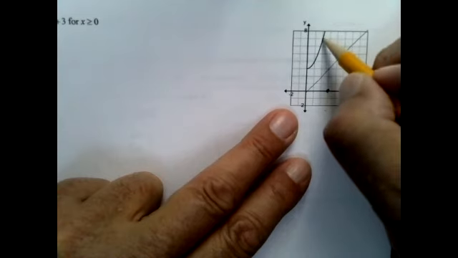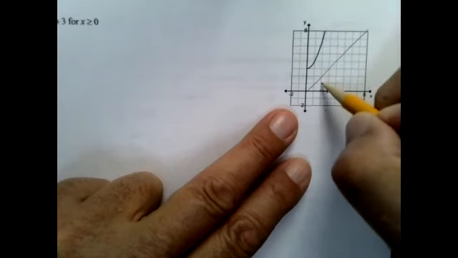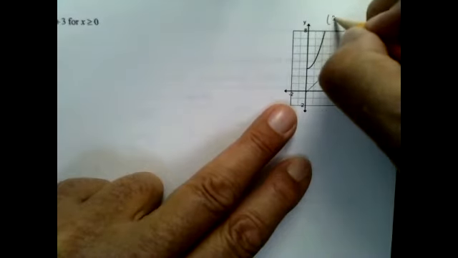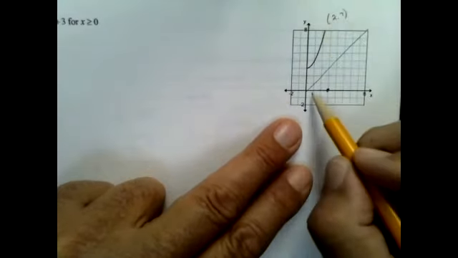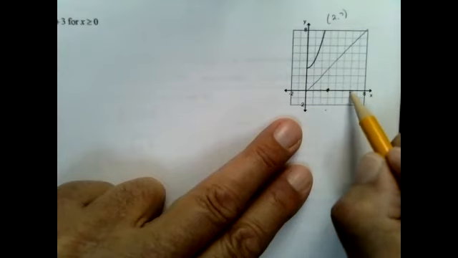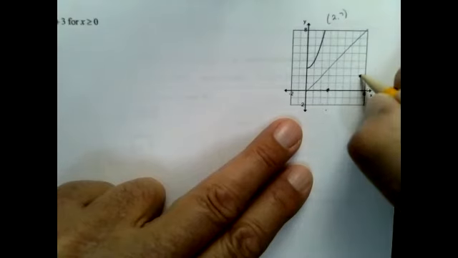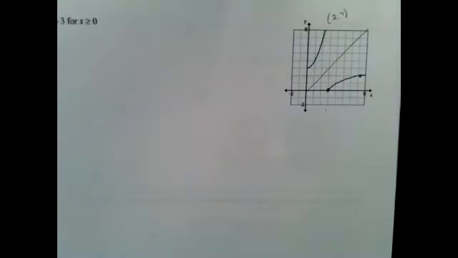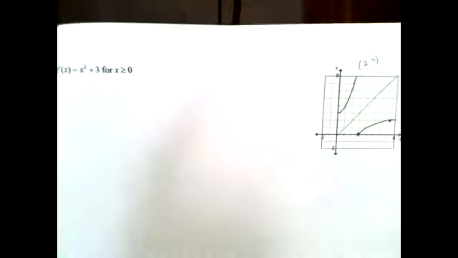Oh, here looks like another point. 1, 2, 3, 4, 5, 6, 7. So now I'm looking at the point 2, 7. That means 7, 2. And I'm going, I know what the final answer should look like. And we'll talk about it in a minute.